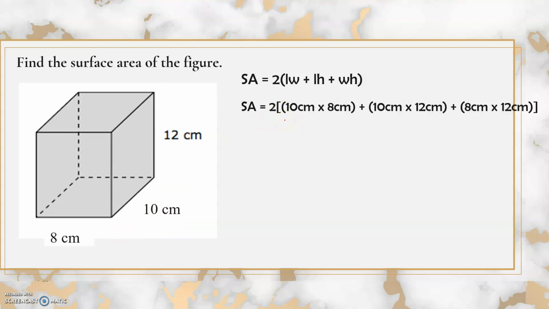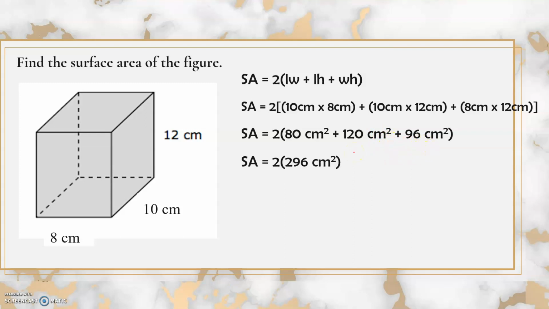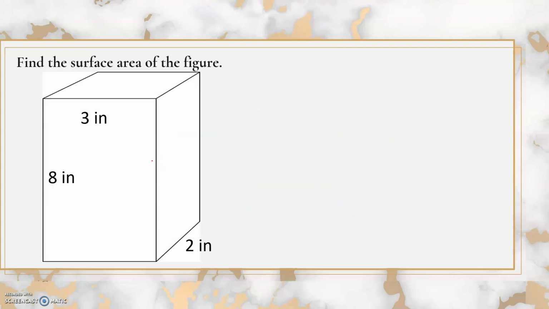Performing the operations correctly will give us 2 times the sum of 80 square centimeters, 120 square centimeters, and 96 square centimeters, which is equal to 2 times 296 square centimeters, and that will result in 592 square centimeters. So this is the surface area of this rectangular prism here.